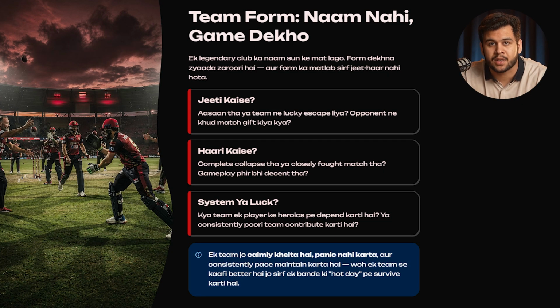If a team regularly starts the match calmly, doesn't panic after losing a player, holds the tempo well, and doesn't collapse in the end, that's a good sign. If a team survives every time only because one player suddenly performs, they're already a risk because today that player may not carry and the whole game can fall apart. Form is not just wins and losses. Form is the question. Is the team playing through a system, or is it surviving every time on random moments?